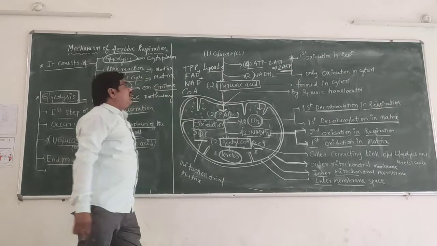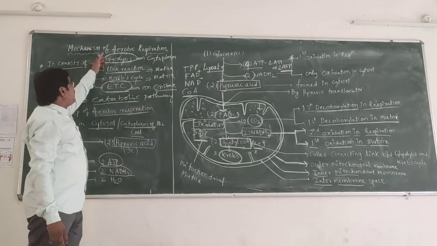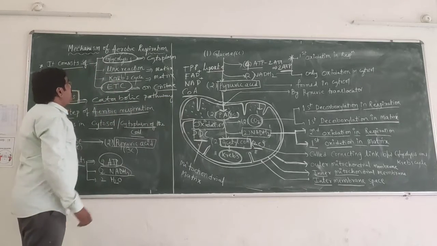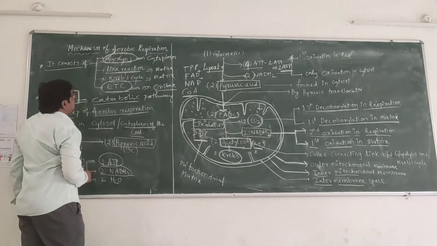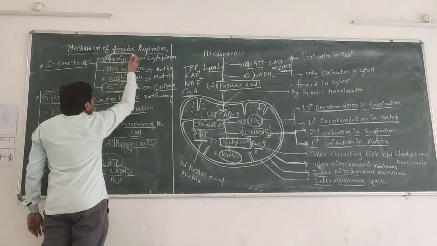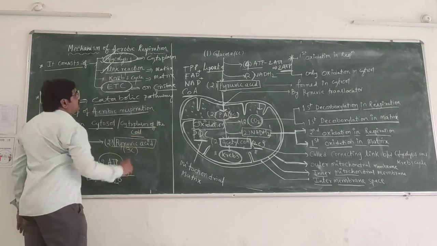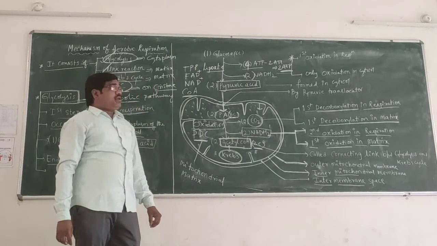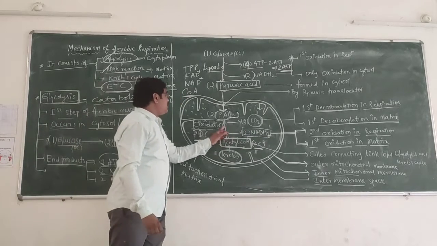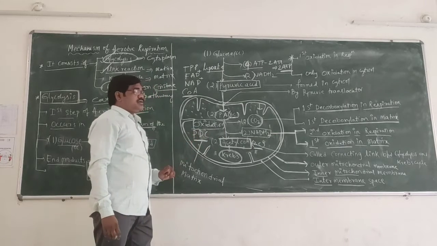This is the second step in aerobic respiration. The first step, glycolysis, is completed. In the second step, the link reaction takes place in the mitochondrial matrix and is catalyzed by the pyruvate dehydrogenase complex.